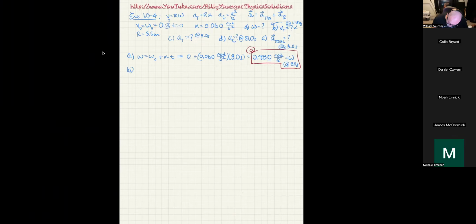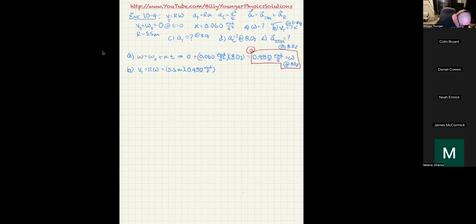Okay, for part B, they want to know the tangential velocity, and what we know is V tangential is equal to R times omega. So we just put in the 5.5 meters, and we're going to multiply that by the angular velocity, which is 0.480 radians per second.